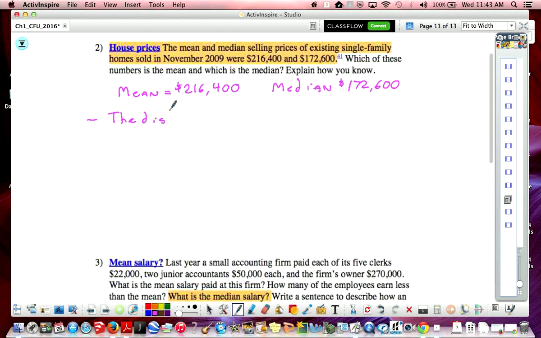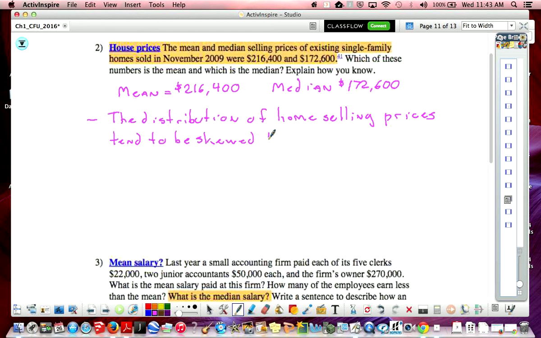The distribution of home selling prices tends to be skewed to the right. If it helps you, I'm just going to draw a little picture, skewed to the right.